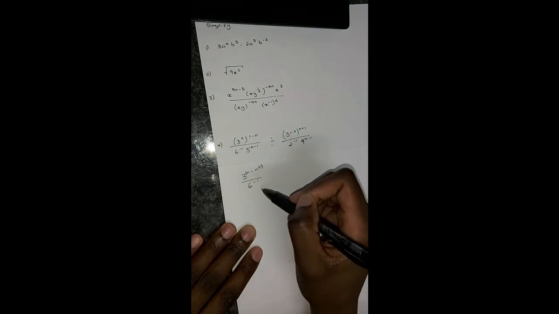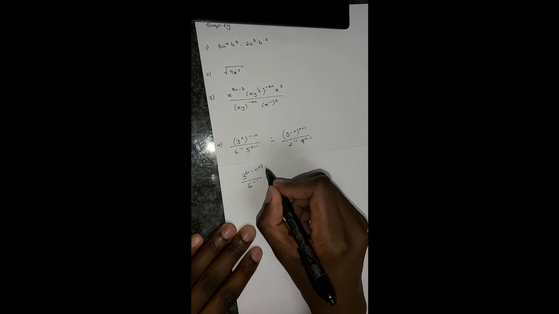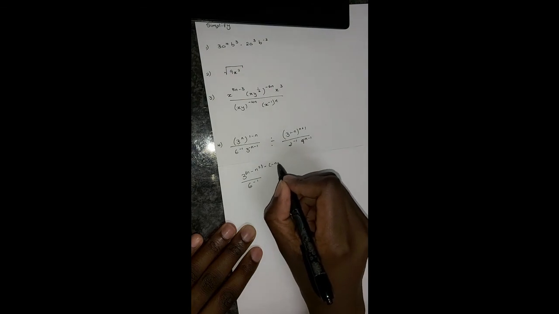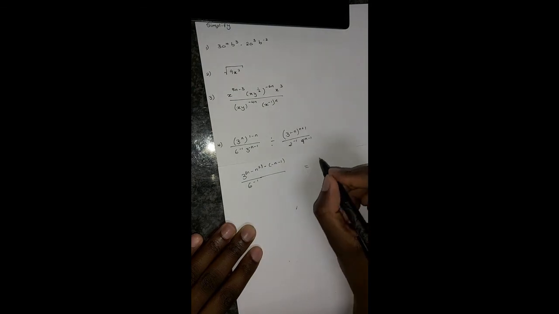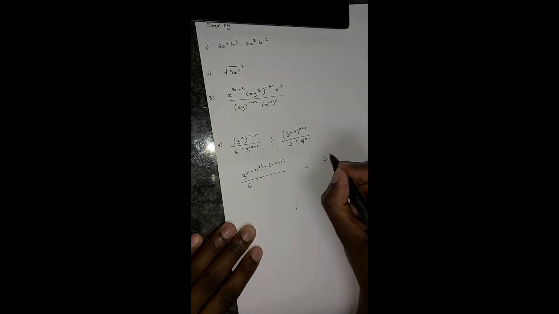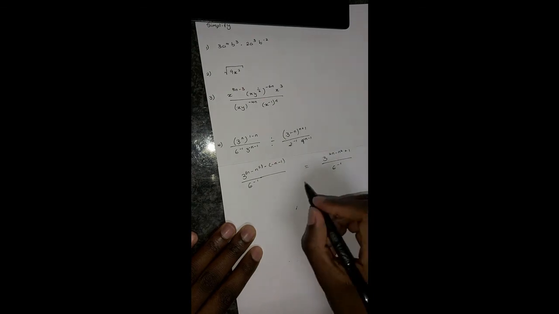So it's a 3 and a 3, so you're going to have minus negative n minus 1. And then that would give me 3 to the power of 2n minus n squared plus 1, everything over 6 to the negative 1. And 1 over 6 to the negative 1 is just equal to 6. So this is 6 times 3 to the 2n minus n squared plus 1.